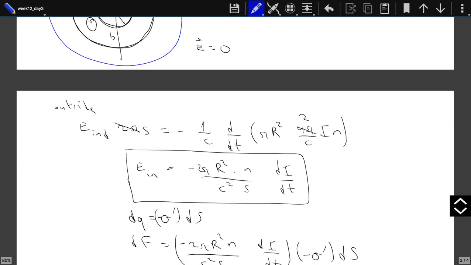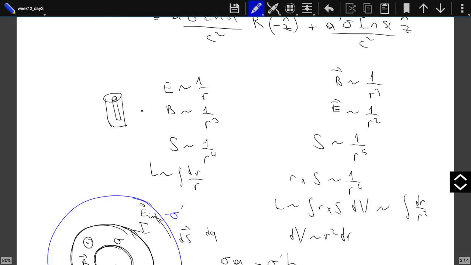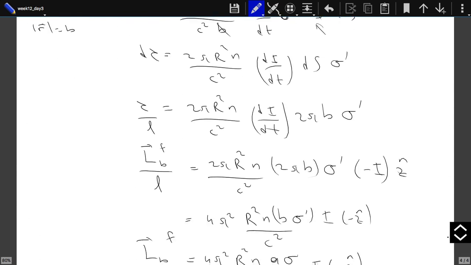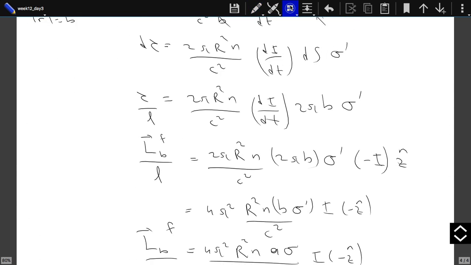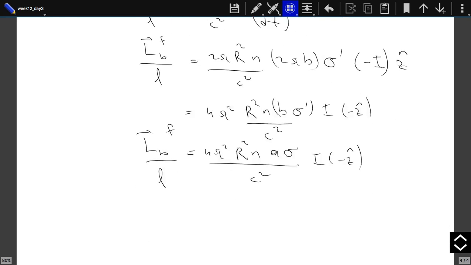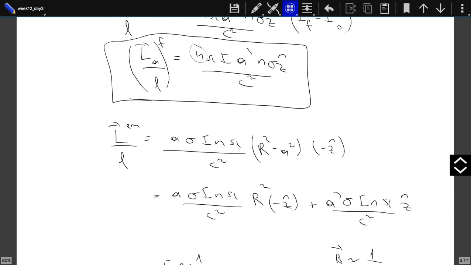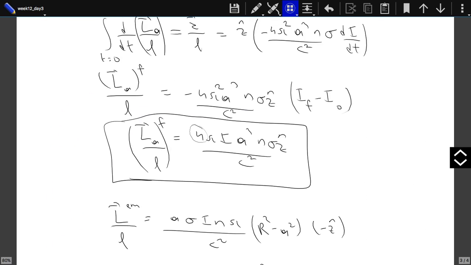Now let me take the other term I had, both of which likely contain the same error. So this was L_A. So this is pi squared.